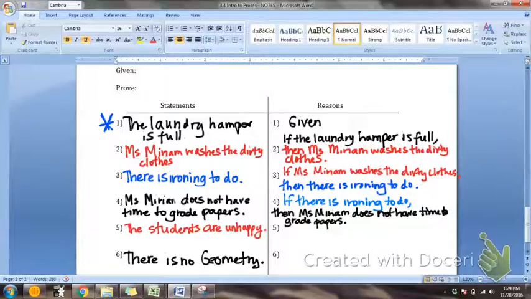Now think about how we have to start number 5, reason number 5. What did we end with in the one right before it? There is no geometry. No. Look at our reasons. Good. I don't have time to grade papers, right? And isn't that what we start with? If I don't have time to grade papers, then, excellent, Belinda, then the students are unhappy. So that's going to be my reason there.